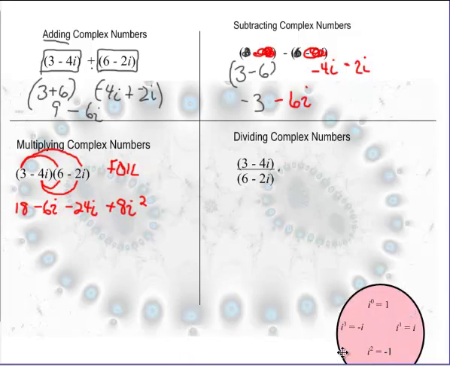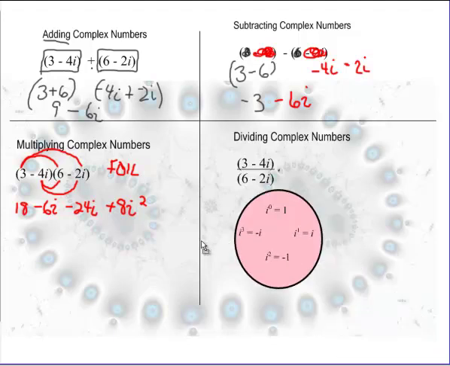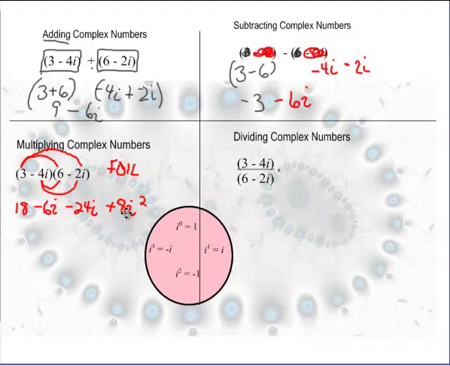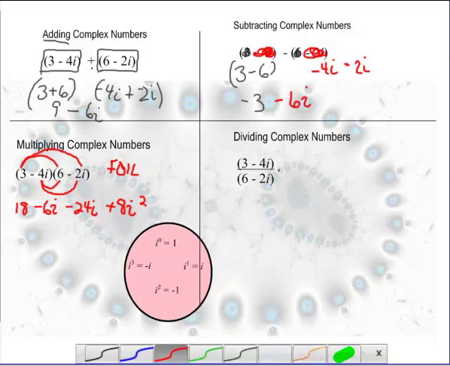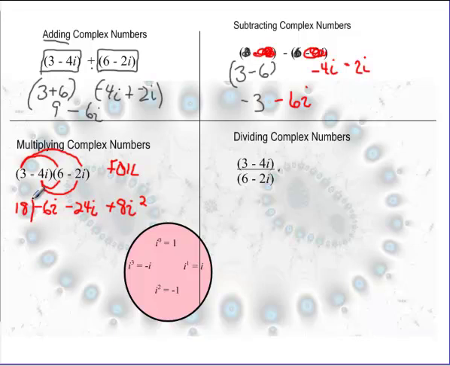But getting back to this, I left you off right here at i squared. And I brought out our friend the clock. So if I start combining like terms over here again, I see that my imaginary parts can get combined to negative 30i. This 18 is a real, so it doesn't get combined.